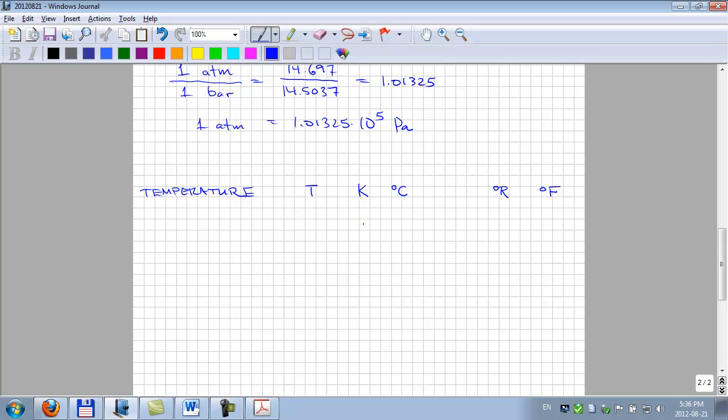Okay? So these two here are absolute temperature. And these here are not absolute temperature. I don't know what you want to call those.